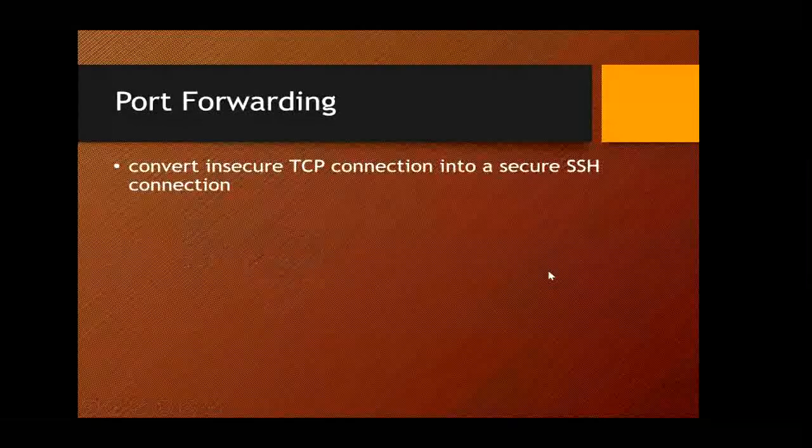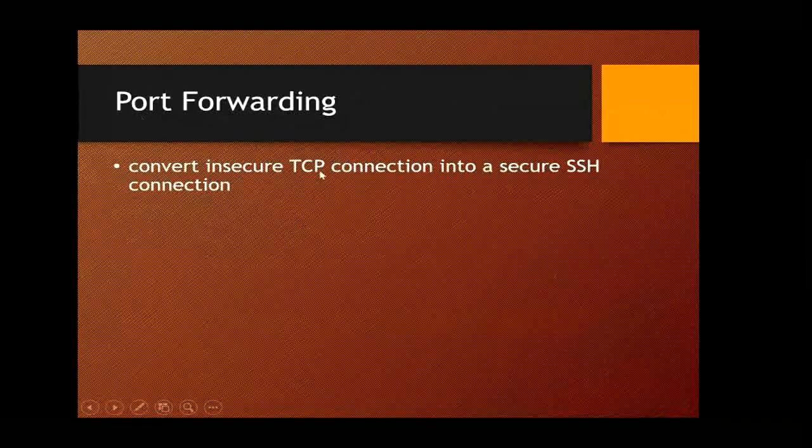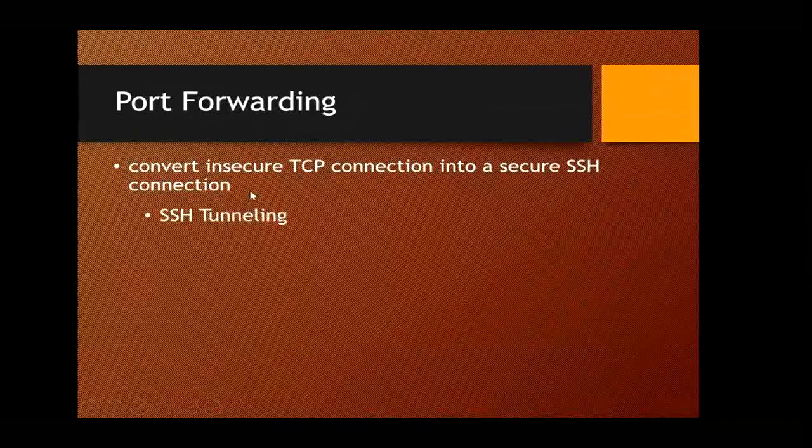Port forwarding is one of the most useful features of the secure shell, SSH. It provides the ability to convert an insecure TCP connection into a secure SSH connection, and this is referred to as SSH tunneling.